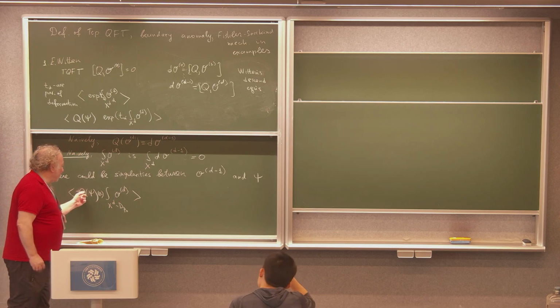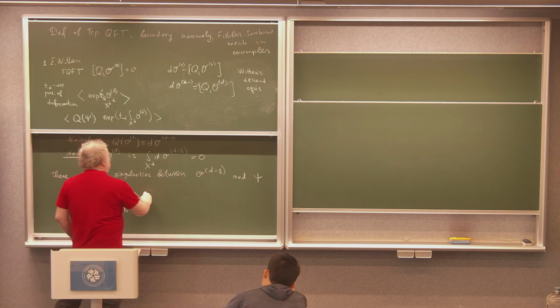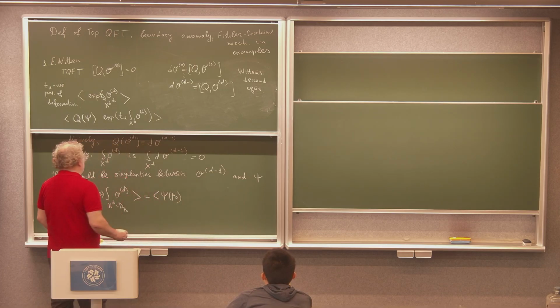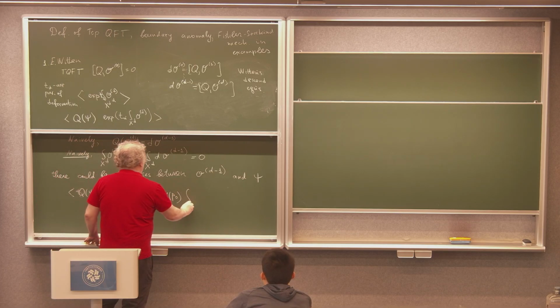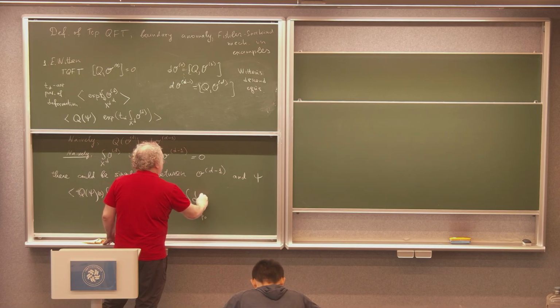Then when I take Q out of this psi here, I will get psi at P0 integral, and here I'll get d of O_d minus 1.